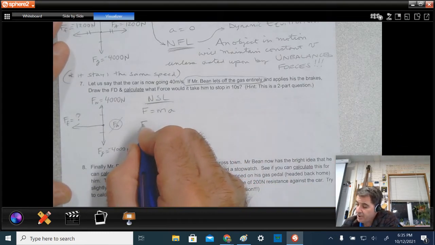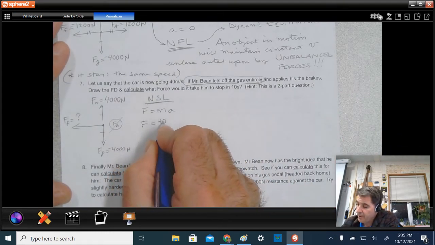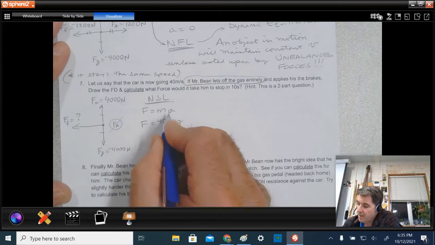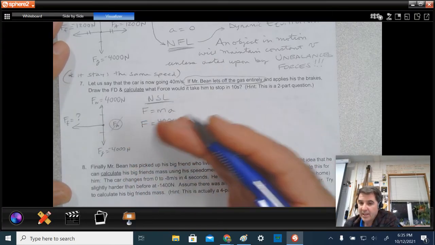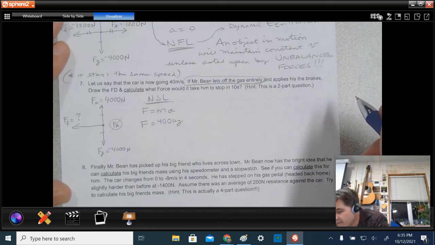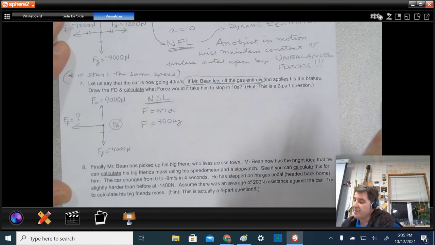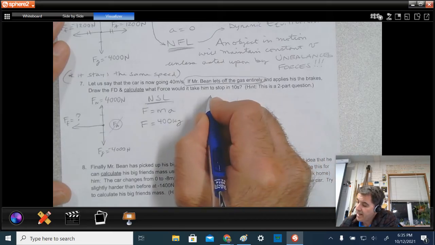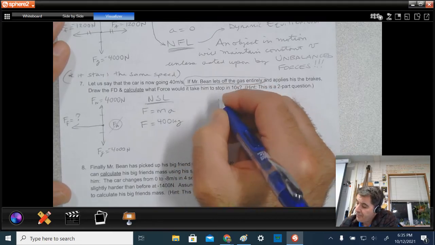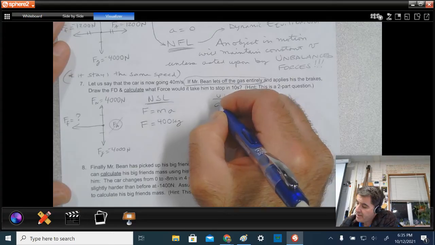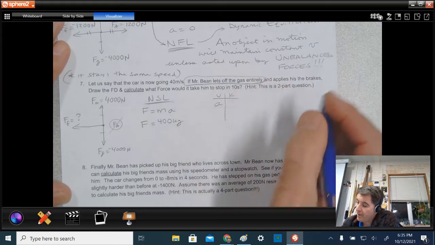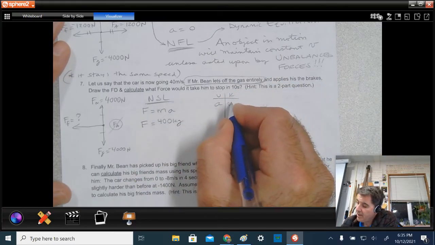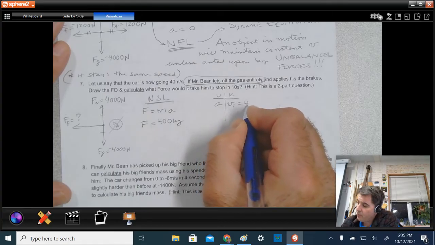So my force is equal to 400 kilograms times A. And I go, okay, what's A? Is A given? A ain't given. So A is actually an unknown. But what do I know? It does say I'm going at an initial velocity of 40 meters per second.